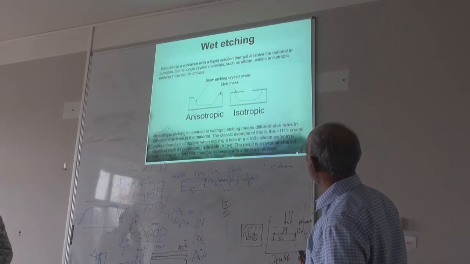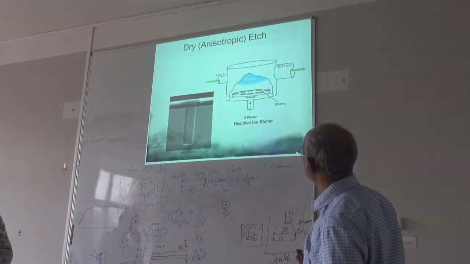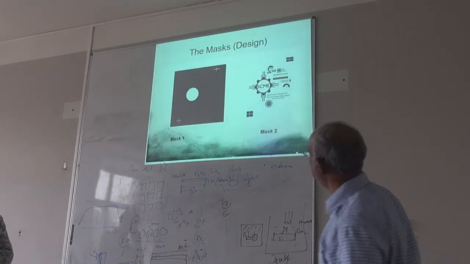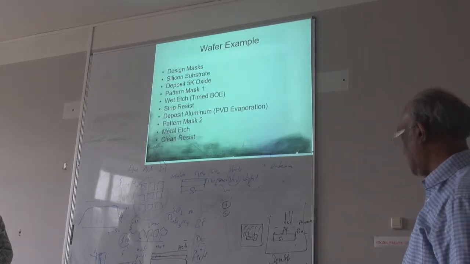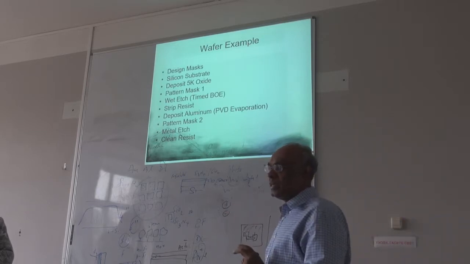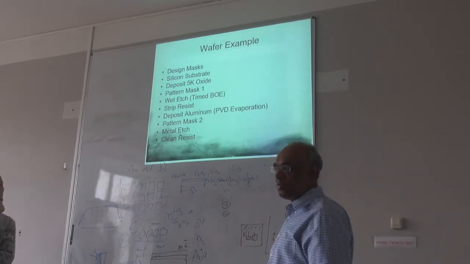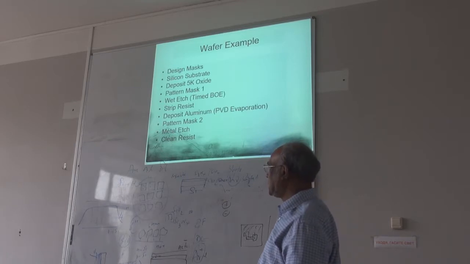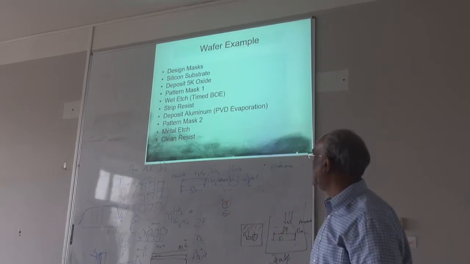So then we can come back here. You need to make this example. We are using two masks here to make two different patterns. Let's do this one, then you will understand.